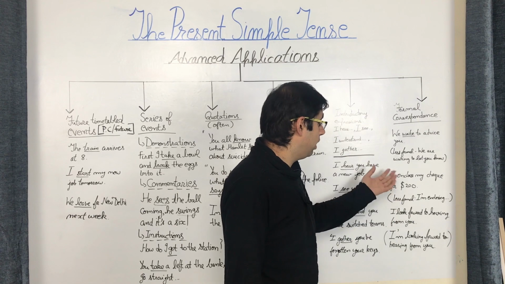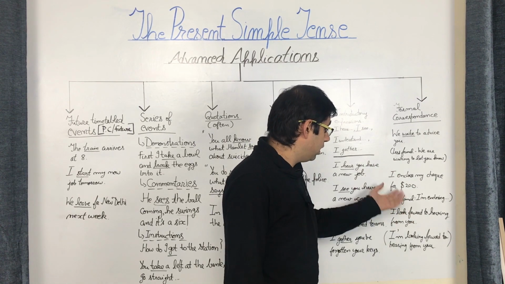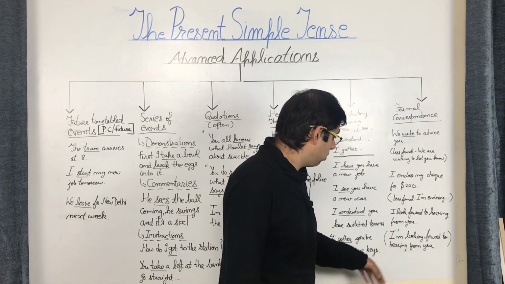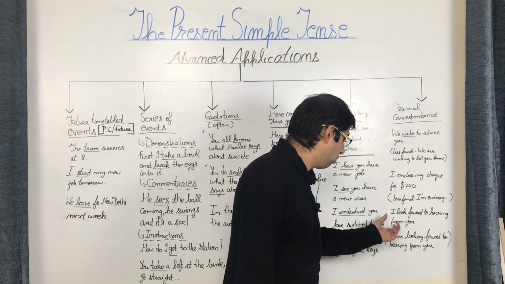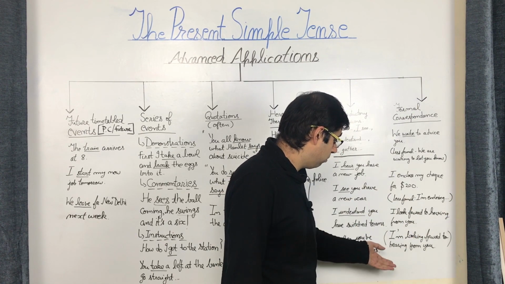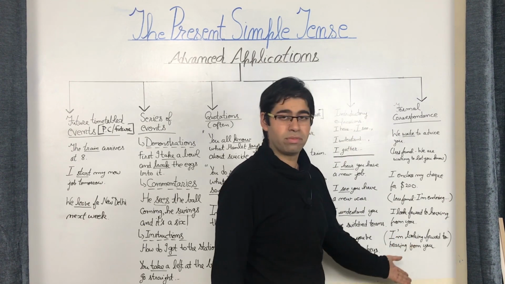Another example, "I enclose my check for $200." The less formal version, "I'm enclosing my check." And finally, "I look forward to hearing from you," a formal version of the less formal alternative, "I'm looking forward to hearing from you."